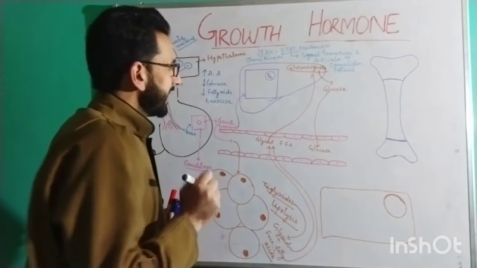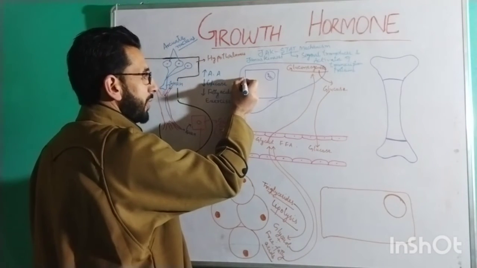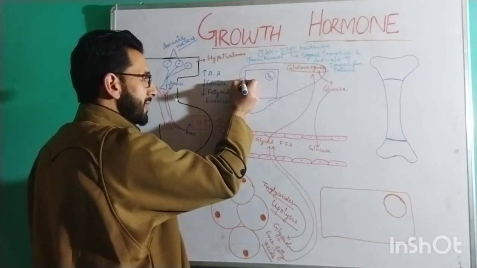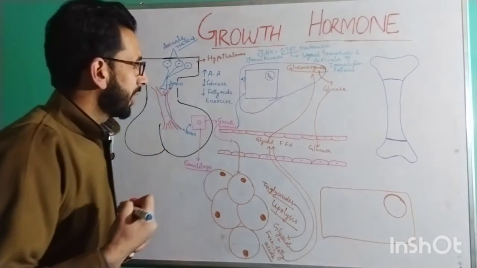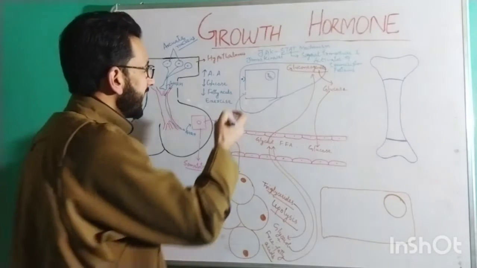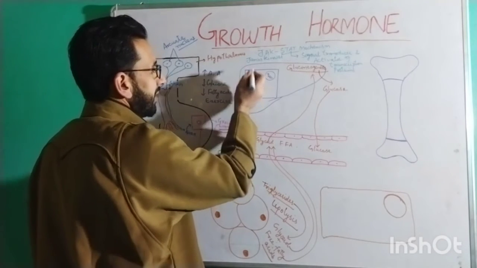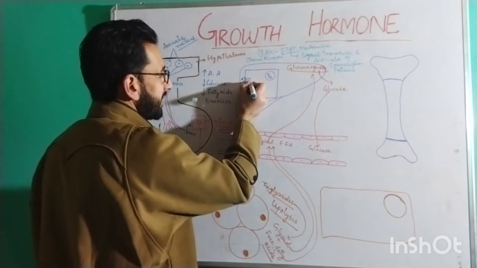There is a special receptor for this growth hormone in these hepatocytes. Once this growth hormone binds on this receptor which is present on the hepatocyte, it activates the Janus kinases inside.